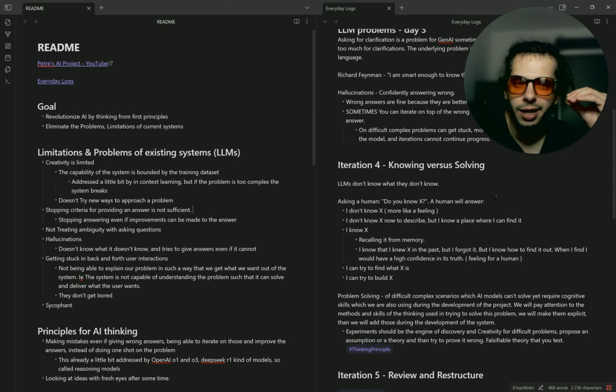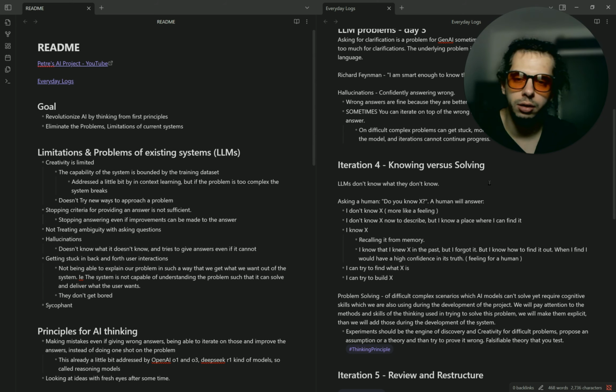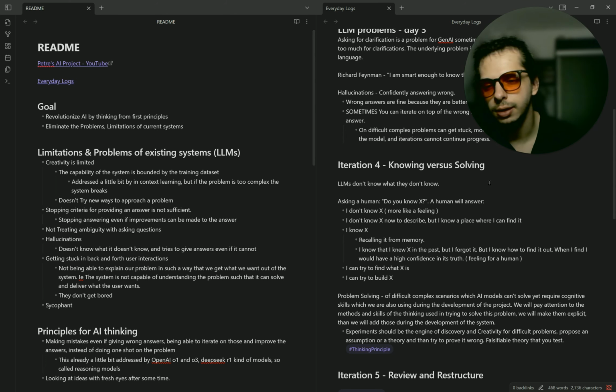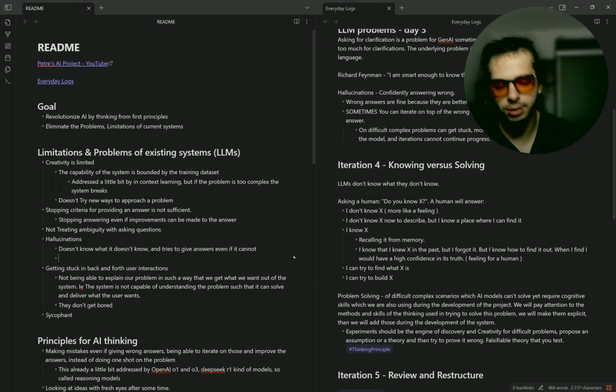And that's actually bad, because it has also been noticed that if you force LLMs to have low confidence, they become lazy. That's like a failed solution to hallucinations.